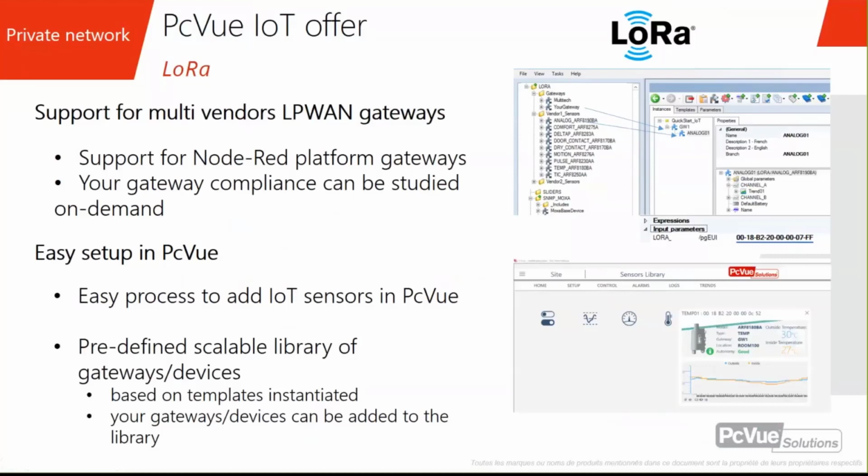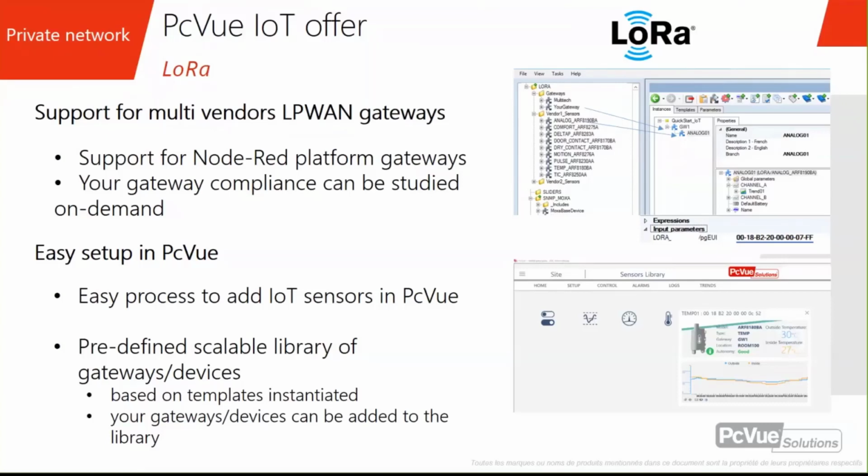Obviously, in the IoT world, you have many different components, devices, gateways, and so on. So if you have a specific gateway that you want to use, we can study it and see how we can implement it in our libraries in PcVue.